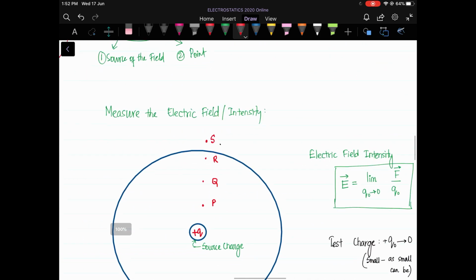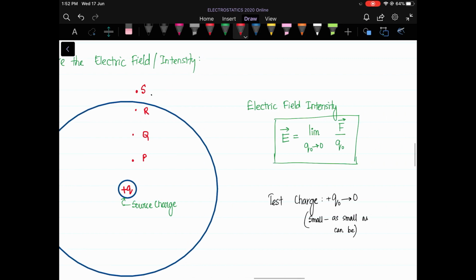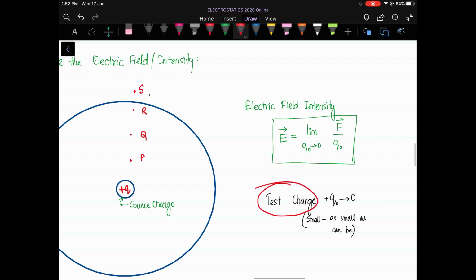Similarly, if I am going to measure the electric field at these points created by the source charge plus Q, then I must take a charge which I am going to call a test charge, and the value of that test charge must be very small. So I have written Q0 tends to 0.